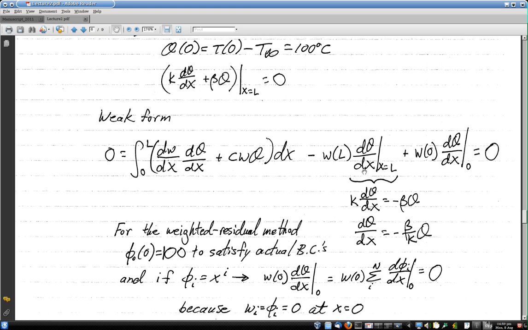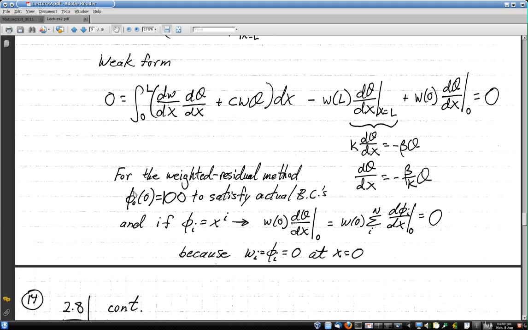For the weighted residual method, it turns out that phi naught is going to be 100 to make sure we satisfy boundary conditions on the left side, where x equals 0. And then if we define phi as being linear as a function of x, we have this relation, right? Given this definition, this is automatically satisfied at x equals 0.